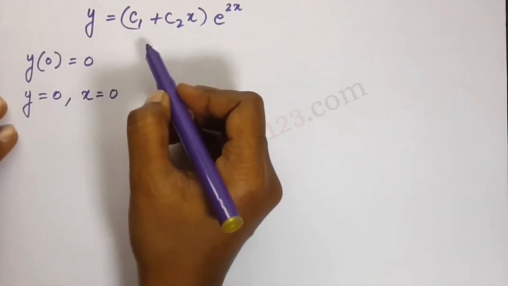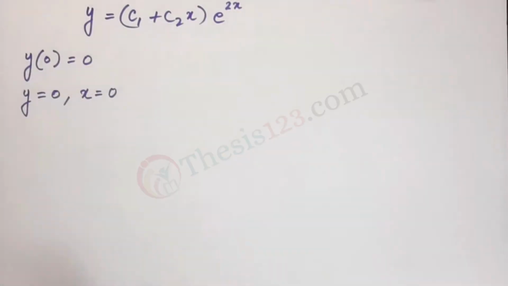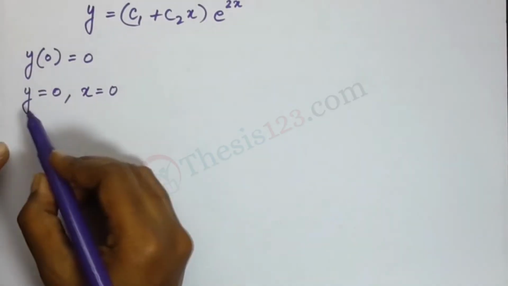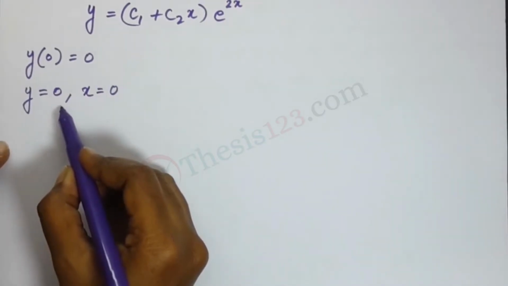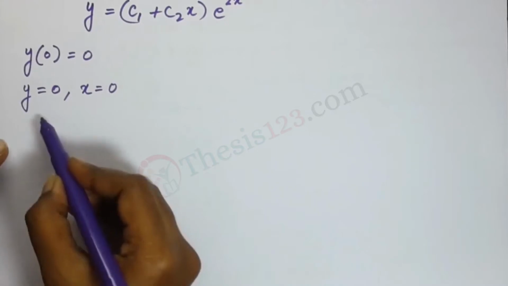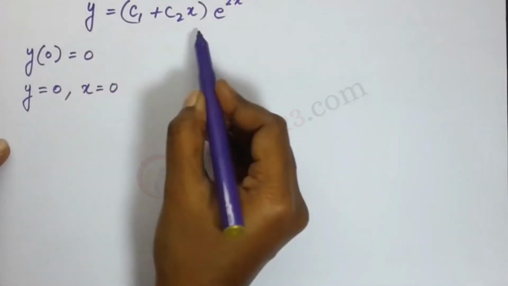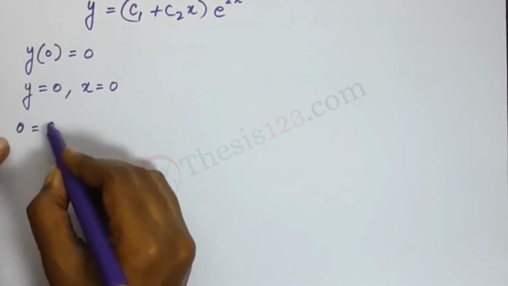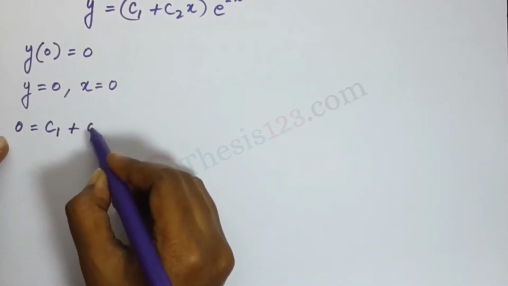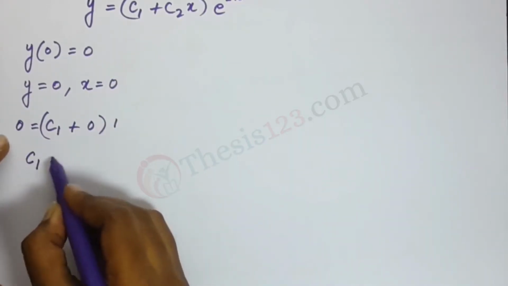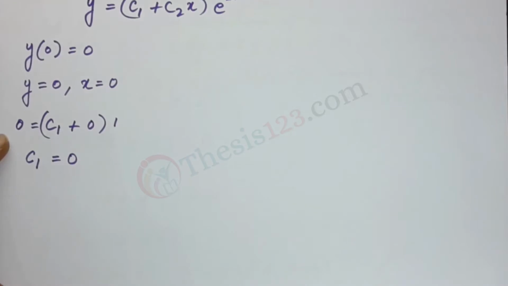Let's substitute this over here. So if we substitute both these values into the general solution, we get 0 is equal to C1 plus 0 into 1, which gives us the value of C1 as 0.